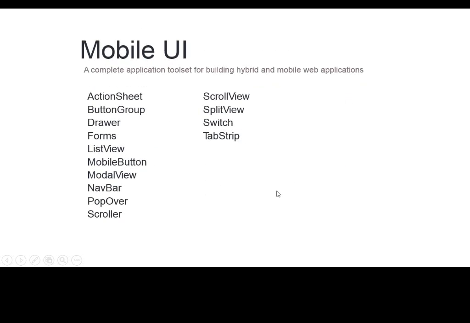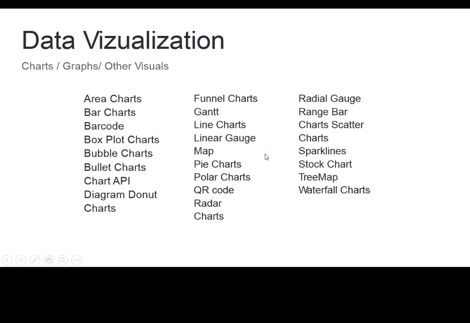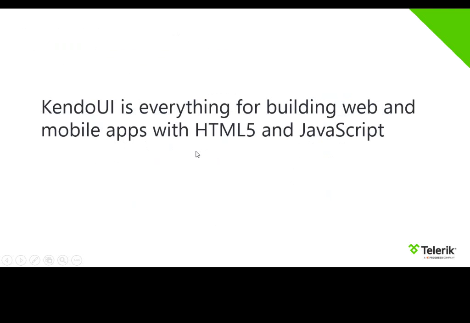For mobile UI, we have a very complete application tool set for building hybrid and mobile web applications. For data visualization, the charts, the graphs, and other visuals, we have pretty much all the charts and gauges that you need. So to summarize, Kendo UI is everything for building web and mobile apps with HTML5 and JavaScript.